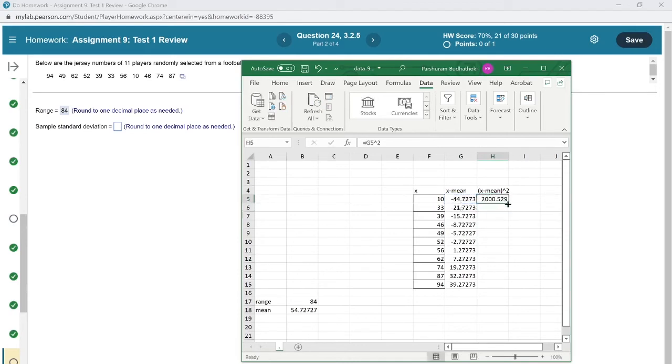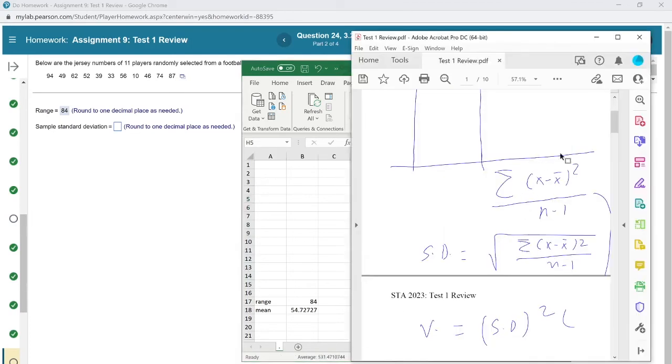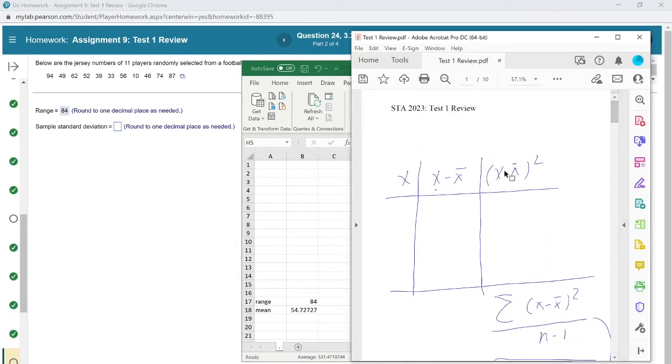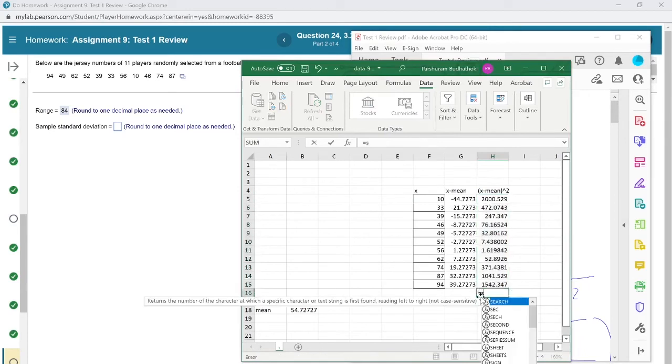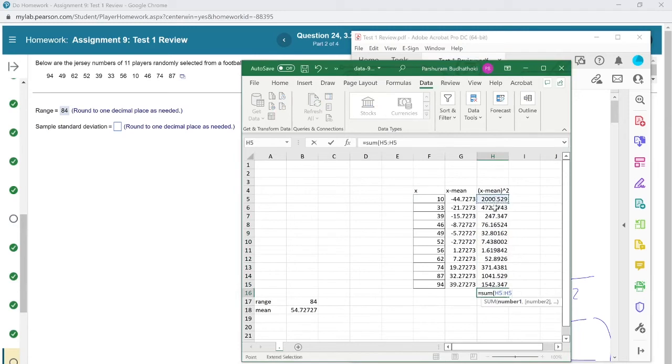So that's the square. I'm going to scroll down here, and finally, after finding this square, we have to add this data. So for addition, you can just use the sum command from here up to here. So that's the addition.